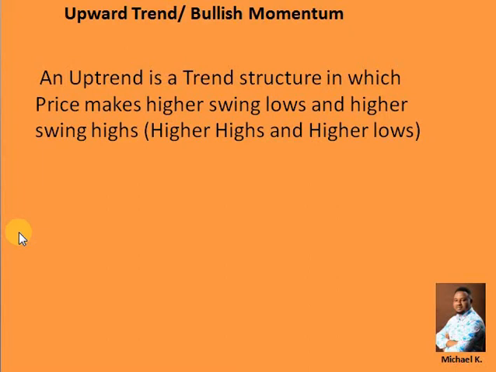Now, if you look at the chart and you find out that the successive swing highs and the swing lows are progressive in manner, that is, they are higher than the previous, you will spot an upward trend. Now let's look at what I just explained.